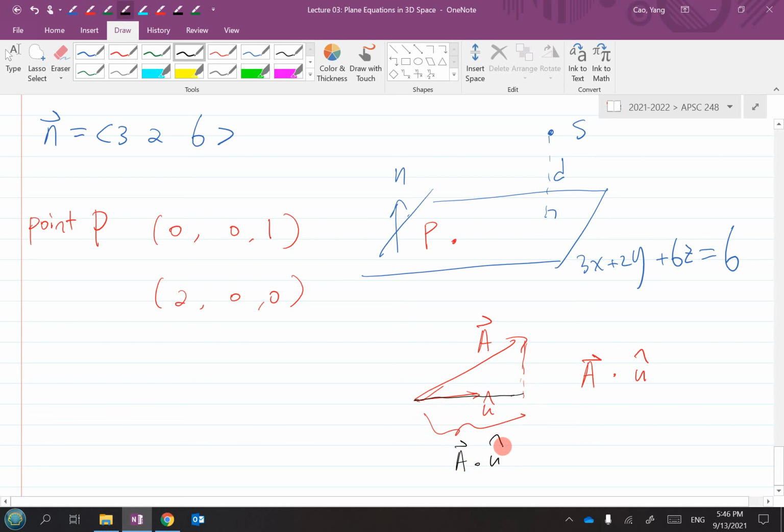As a matter of fact, if you look at this relationship, the length of the projection is like a distance, isn't it? It's also the shortest distance from this point to this line here. That's why I emphasized the concept of the dot product, A dot U hat, or any vector dotted with a unit vector.